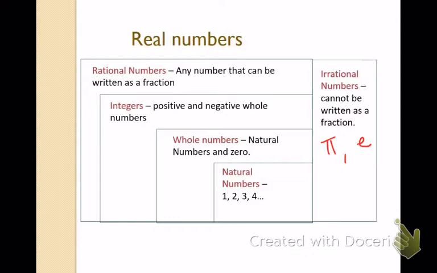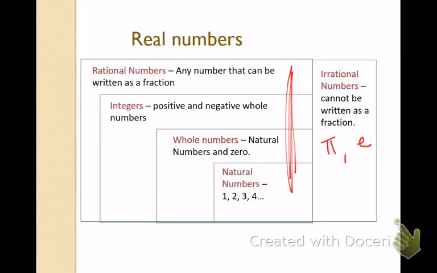Now, a number can belong to more than one number group, right? The number 9 would be an integer because it's a positive whole number. It would also qualify as a whole number because it's a whole number. And it could also qualify as a natural number because it's a number used to count. Wherever the number falls in this ladder, it will satisfy every subgroup under it.